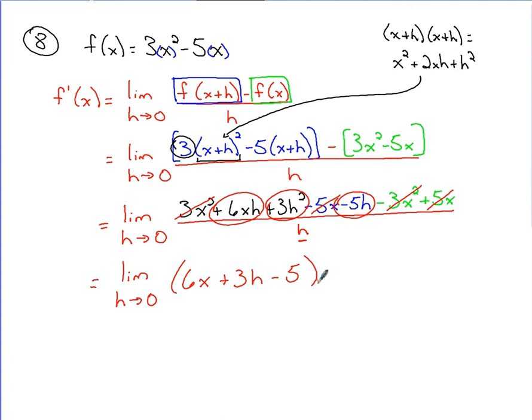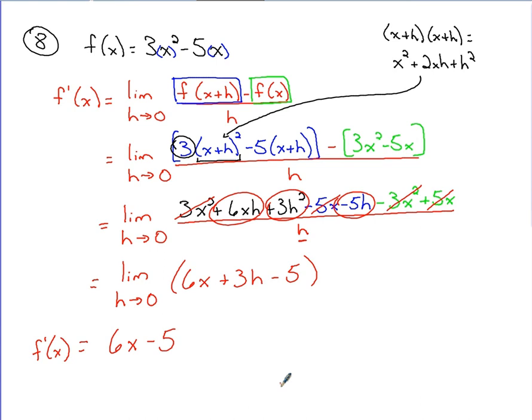The difference quotient in the simplification part is now complete. So we add one tiny little calculus step here where we apply the limit. Since h is approaching 0, any h's we see over here, those terms drop out, and we're left with just 6x minus 5 as our derivative.